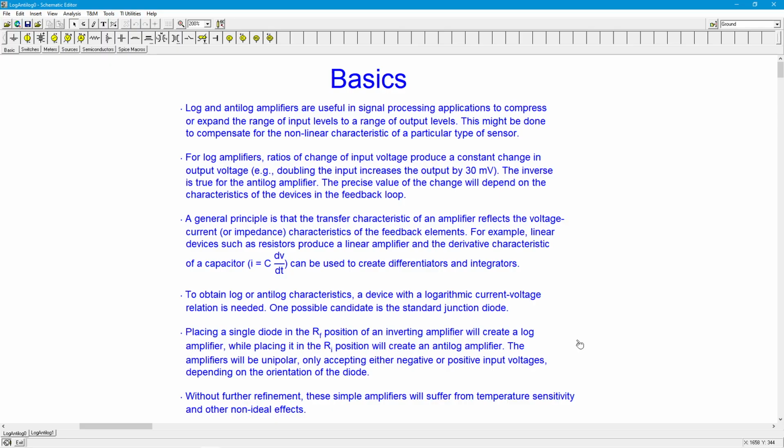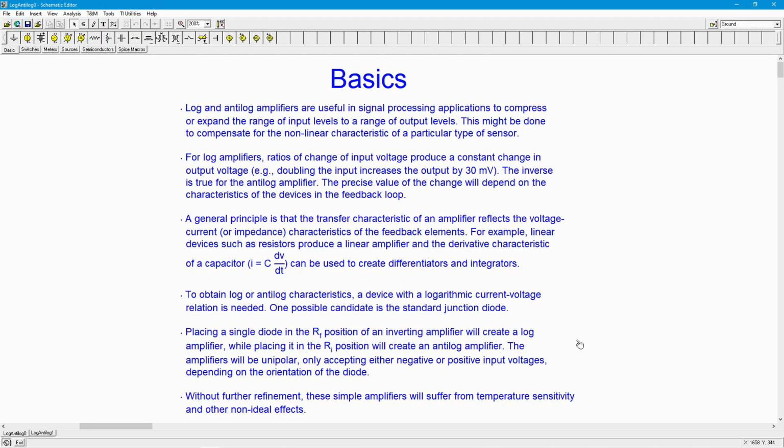In other words, we're going to map, let's say, a given range onto a much smaller range. That would be a log amplifier. Or we're going to take a given range and expand it to a much wider range. That would be an anti-log amplifier. Very often you do this to compensate for the fact that your sensor is nonlinear.